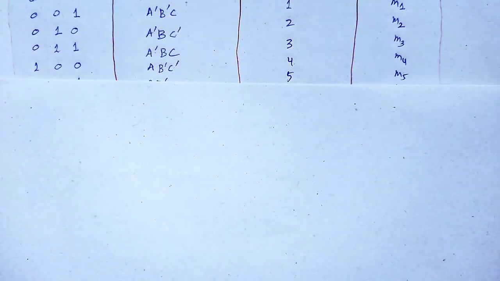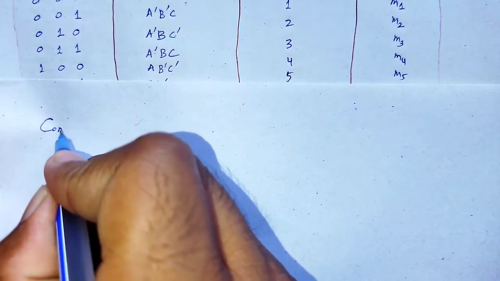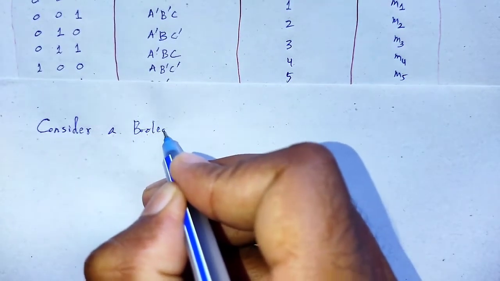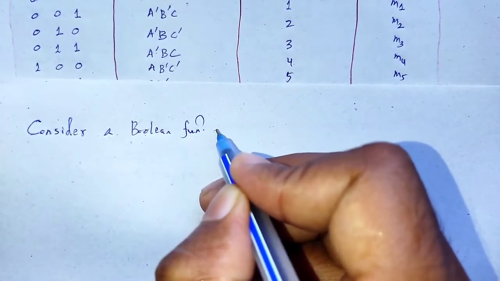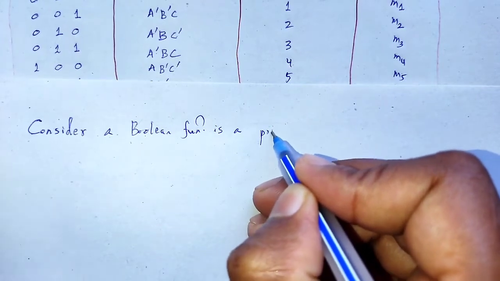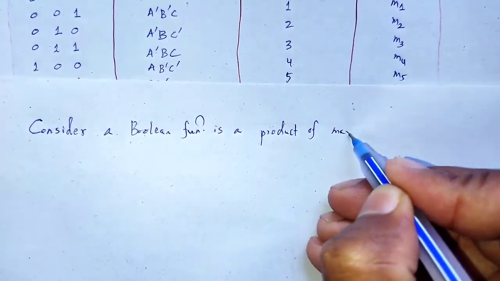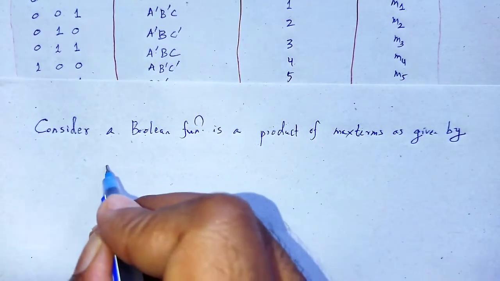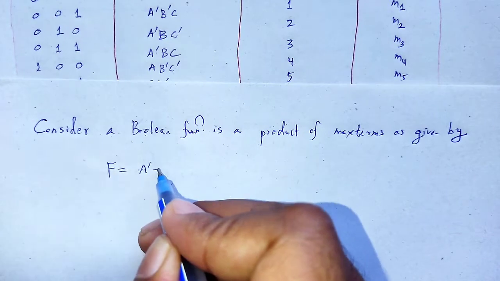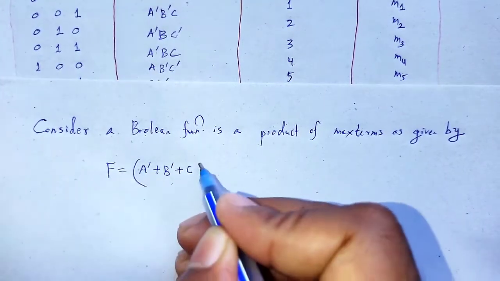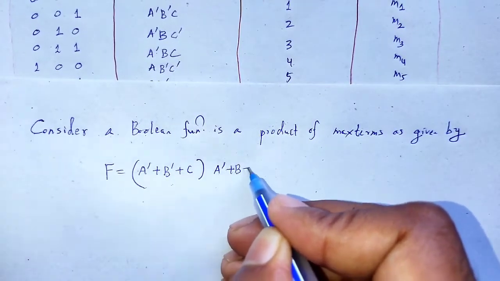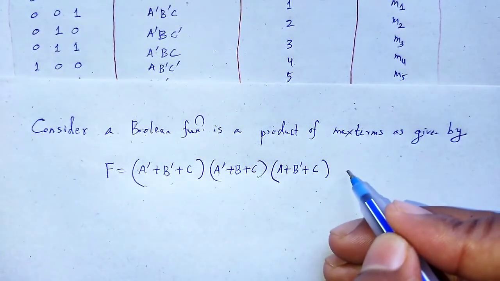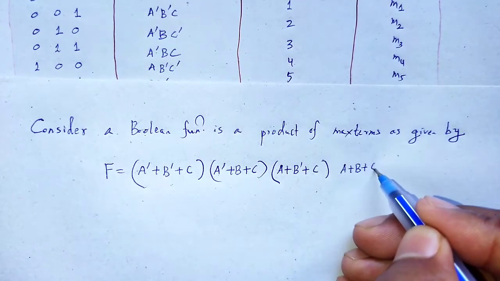Let us consider a Boolean function that is a product of Maxterms as given by the expression f is equal to (a dash plus b dash plus c)(a dash plus b plus c)(a plus b dash plus c)(a plus b plus c dash).